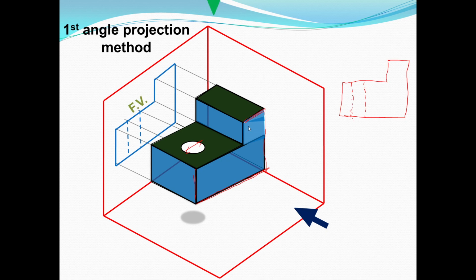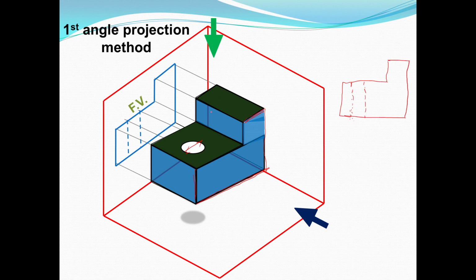Top view means you are looking from the top, and this black surface is visible from the top, the total black surface. It's like a rectangle body.